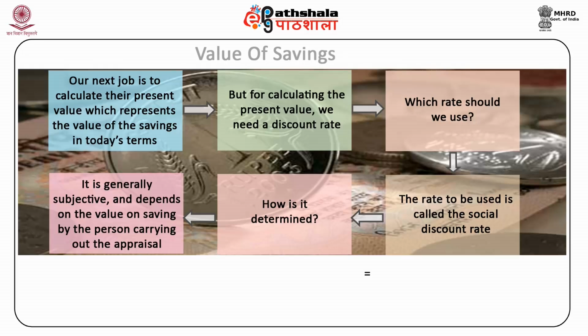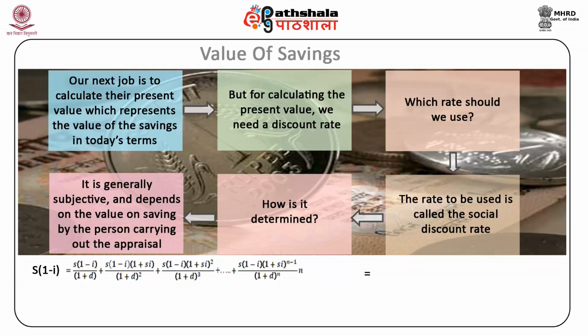That is, the present value of 1 unit of savings we started with in the table at a discount rate of D is equal to S into (1 minus I) divided by (1 plus D), plus S into (1 minus I) into (1 minus S) divided by (1 plus D) whole square, plus S into (1 minus I) into (1 minus S) whole square divided by (1 plus D) whole cube, plus and so on till S into (1 plus I) into (1 plus S) to the power n minus 1 divided by (1 plus D) to the power n.